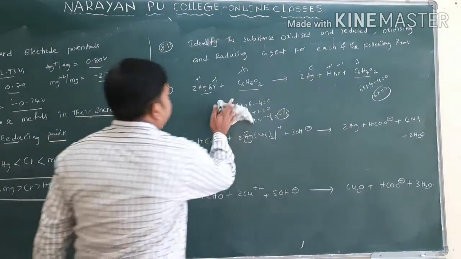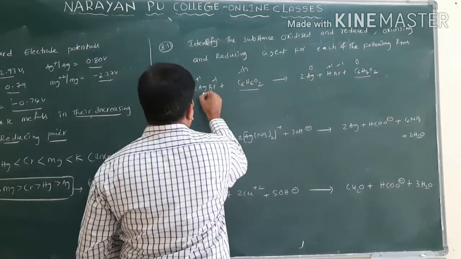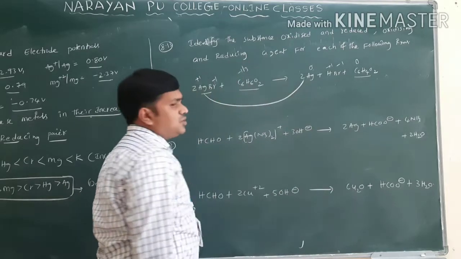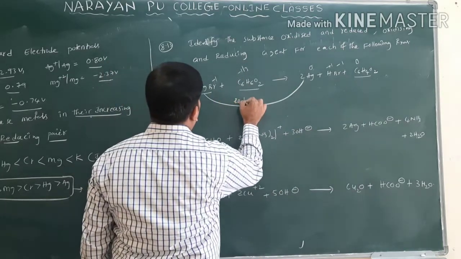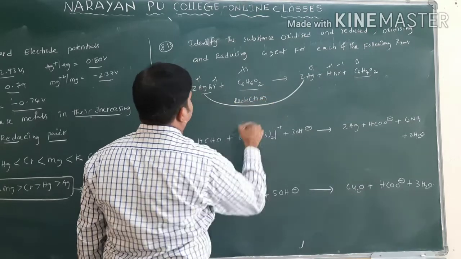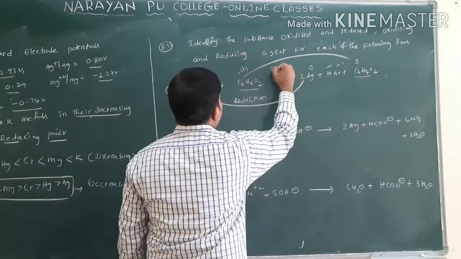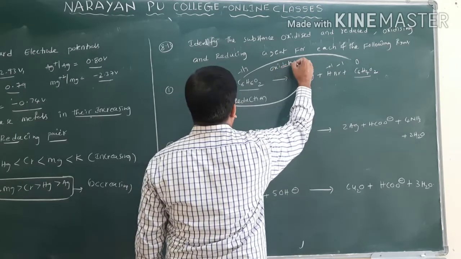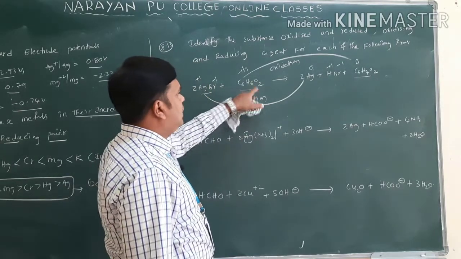From this, silver goes from plus 1 to 0, a decrease in oxidation number, which means reduction. Carbon goes from minus 1 by 3 to 0, an increase, which is called oxidation. So the compound oxidized is the carbon compound, and reduction is observed in silver.